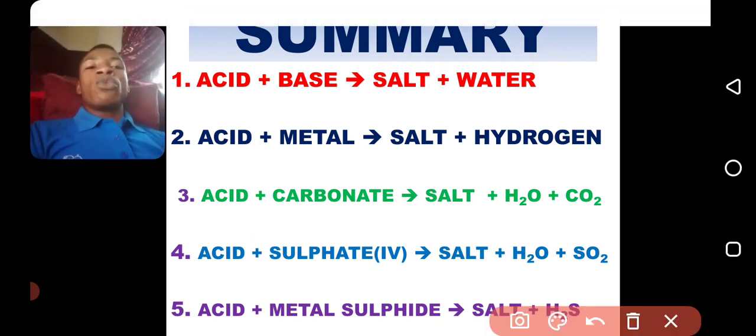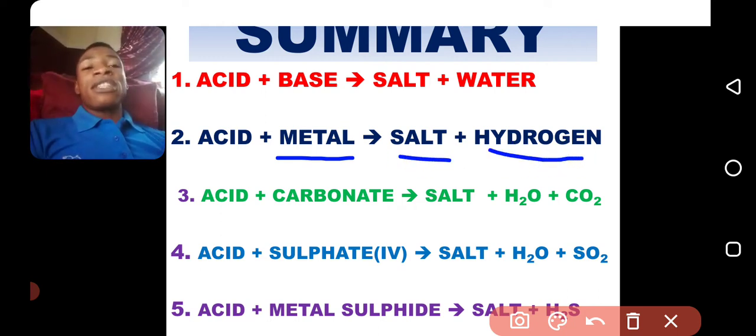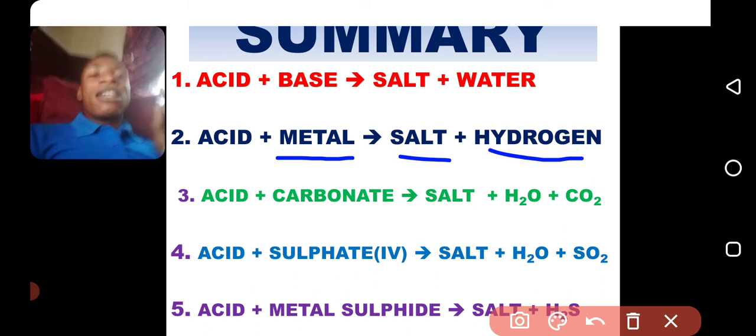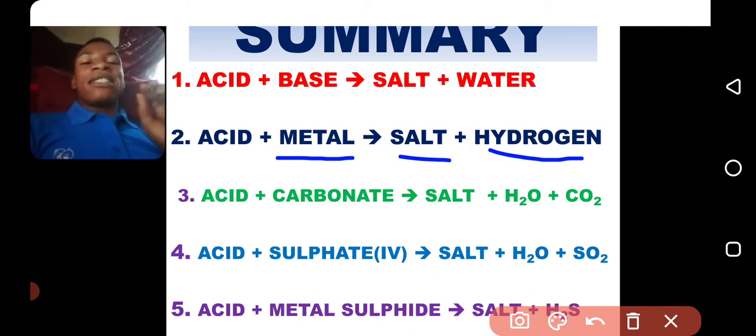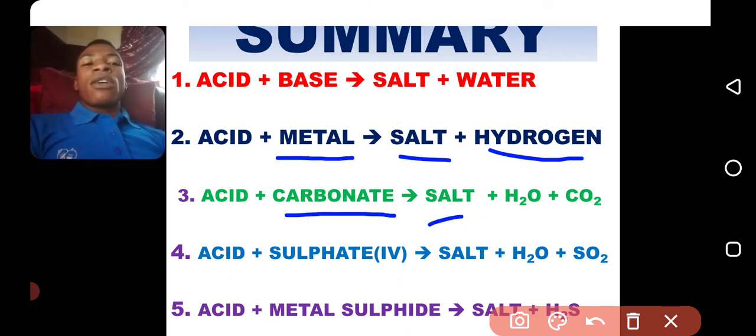Number 2, acid reacts with reactive metals to form salt and hydrogen gas. Hydrogen gas is liberated. Number 3, acid normally reacts with carbonate salt to produce salt, water, and carbon dioxide.